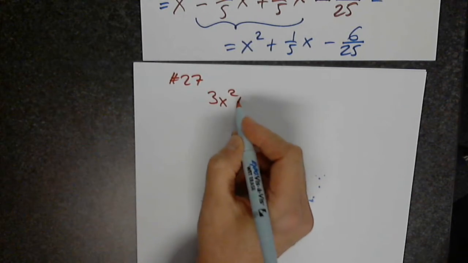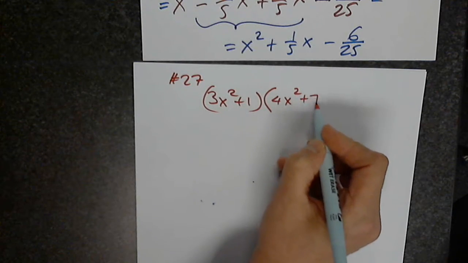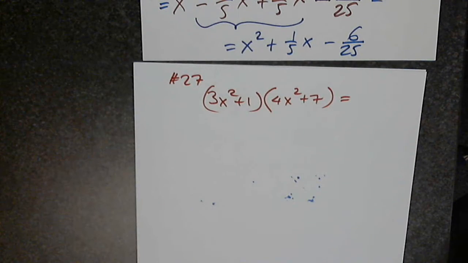So 3x squared plus 1 multiplied by 4x squared plus 7.